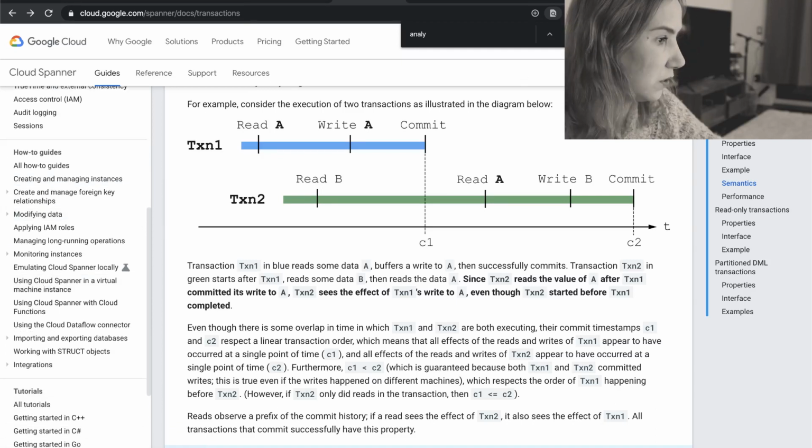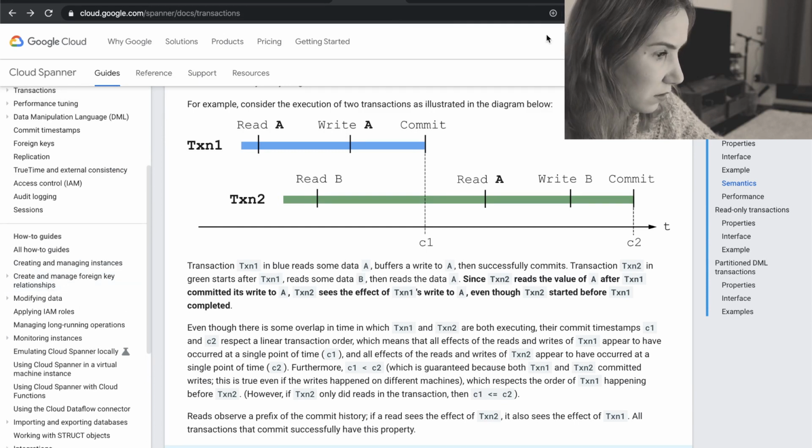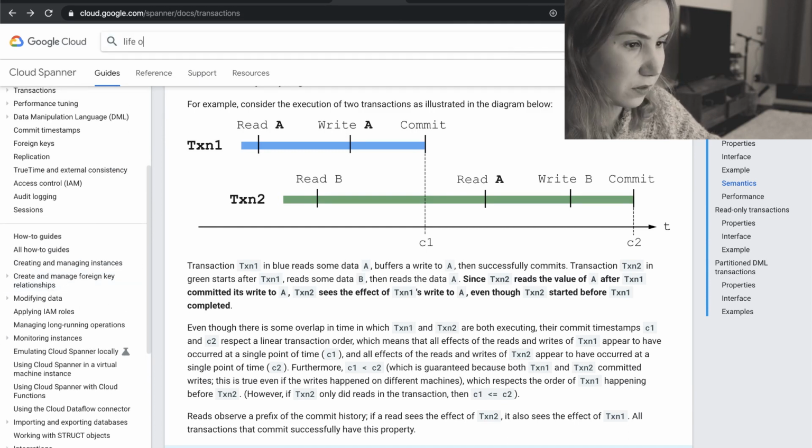There is a really good doc on the life of a query. Maybe I should search.